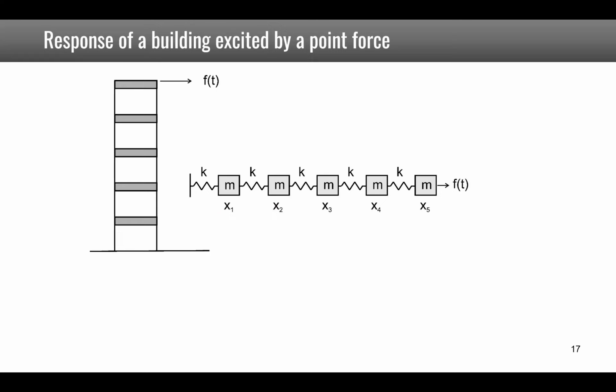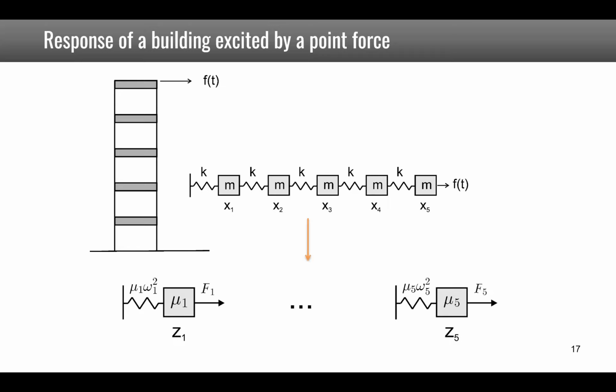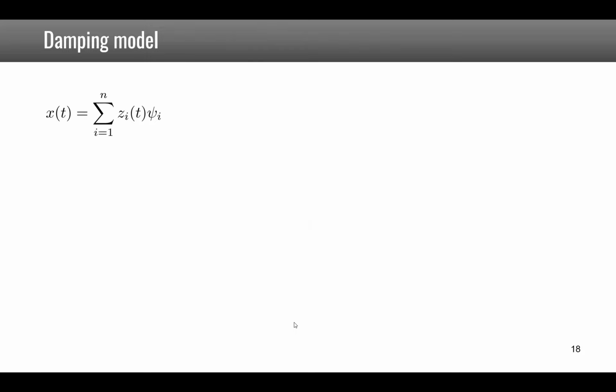In this example, the 5-story building is excited by a force at the top. And as we have seen, there are 5 mode shapes. So if you project the equations of motion on these mode shapes, you end up with 5 independent equations of motion, which correspond to the equation of motion of 5 different single degree of freedom systems.